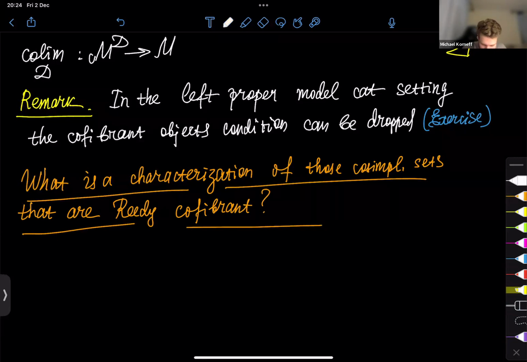It turns out that this condition is... okay.